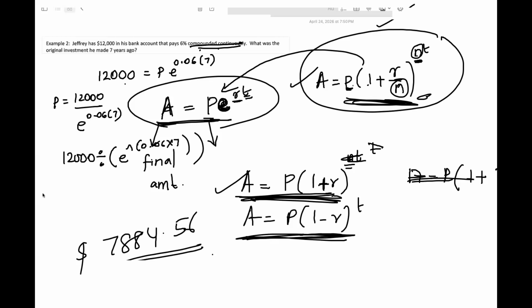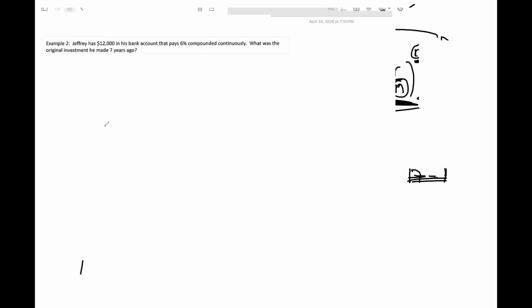Okay, now let me go ahead with the half-life and doubling stuff. First of all, I want to tell you how it works. Radioactive isotopes, we'll finish with this concept.